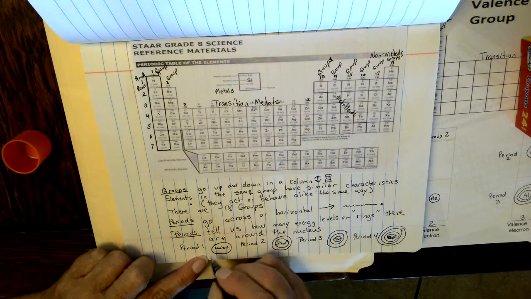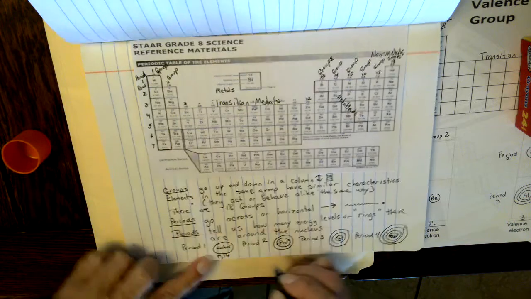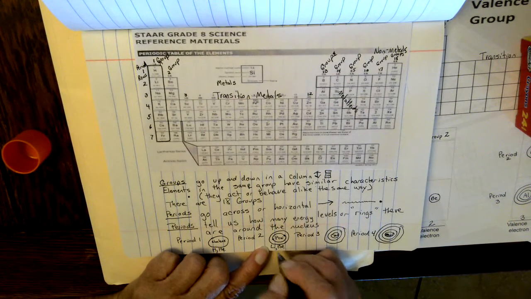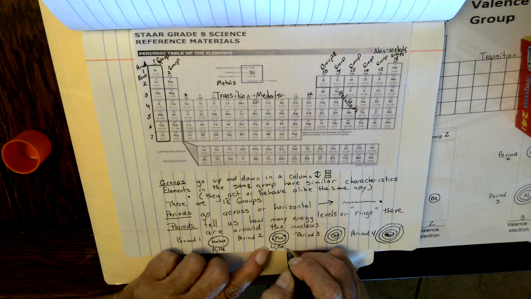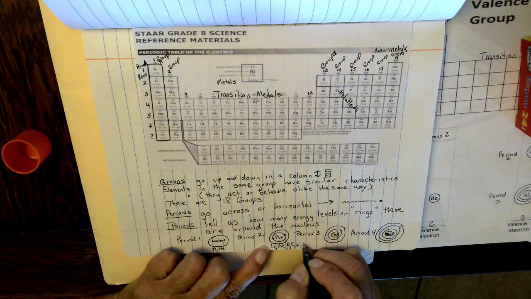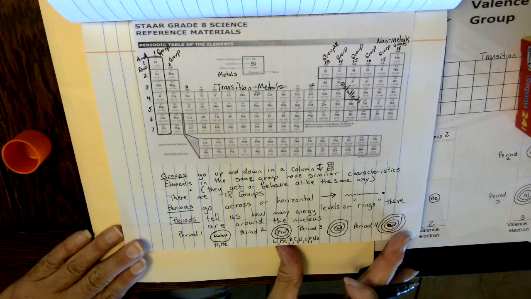So period 1 is going to have hydrogen and helium. Period 2 is going to have lithium, beryllium, boron, carbon, nitrogen, oxygen, fluorine, and neon, right? And you can figure the rest out.